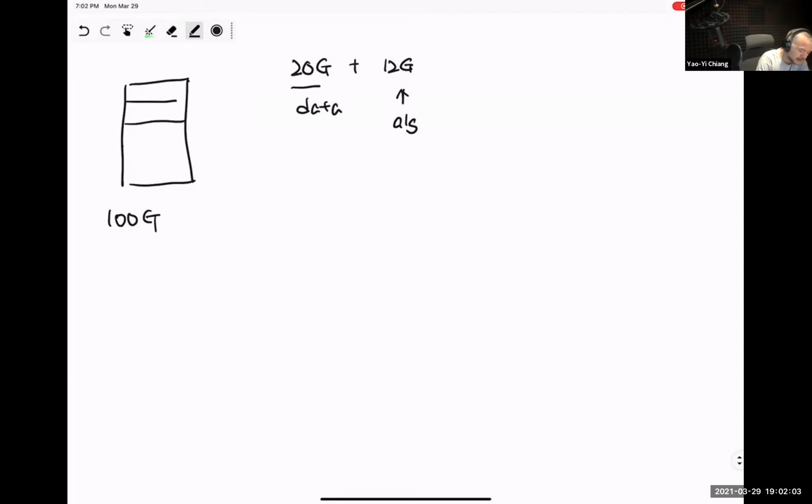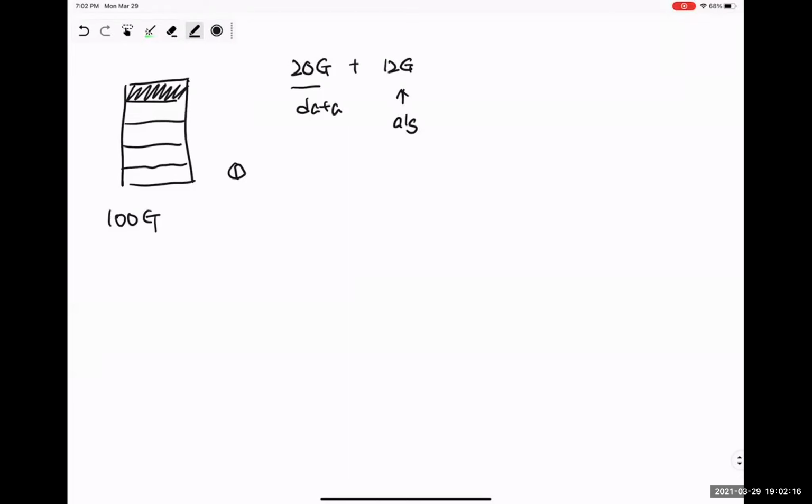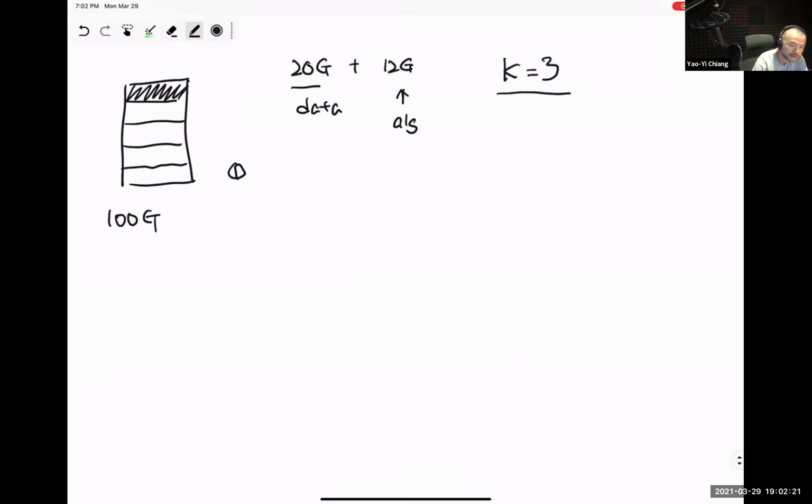You slice the data into 5 pieces because each time you can only read in 20 gigabytes. First round is a bit tricky. In the first round, we read this, assuming we are going to have 3 clusters, k equal to 3. So these are all your data points.